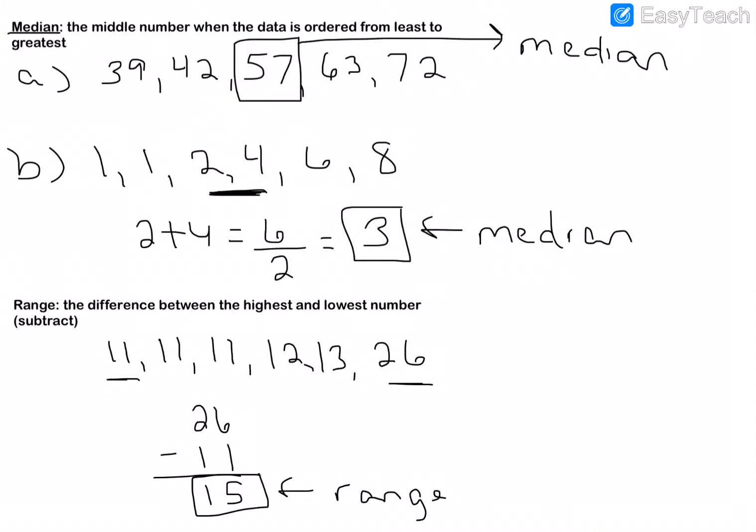That's it for range. Okay, so let's do a quick example of finding the mean, mode, median, and range of a set of data. All right, so let's look at the temperature.